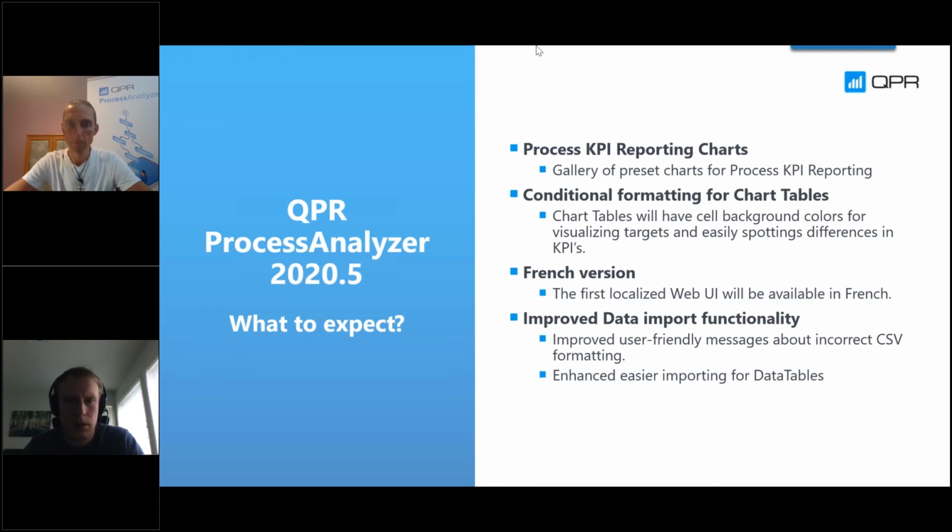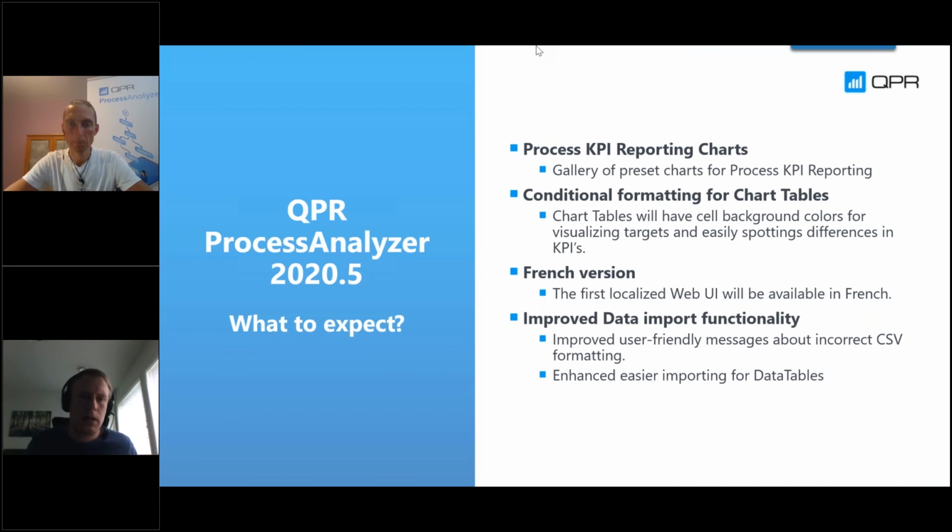And so in the next release, for example, if you have CSV files, usually there are different types of formatting and errors there. So now it will give you understandable error messages about where there are mistakes in the CSV file. So for example, how date formatting needs to be adjusted or such.